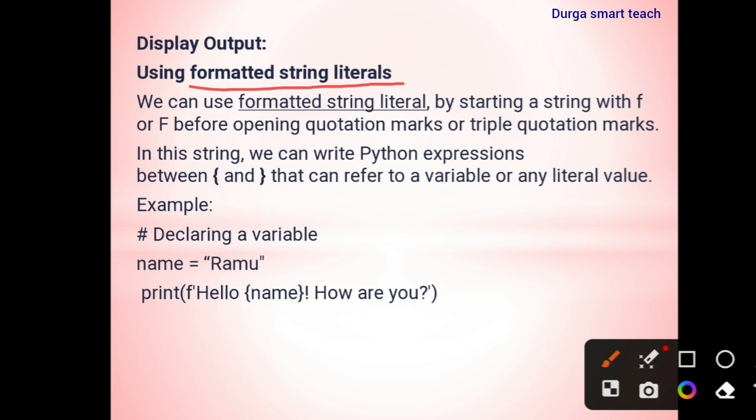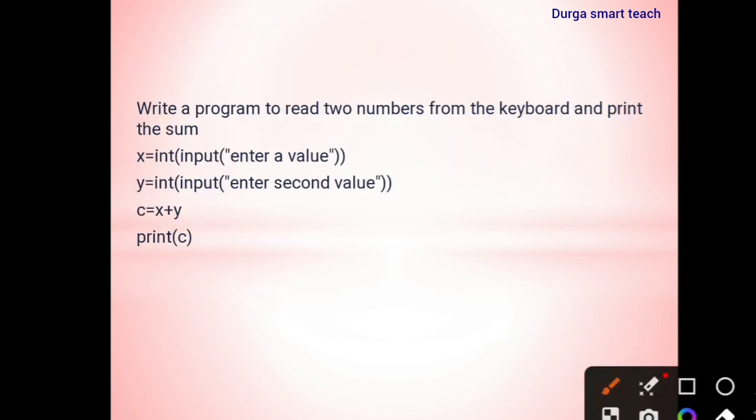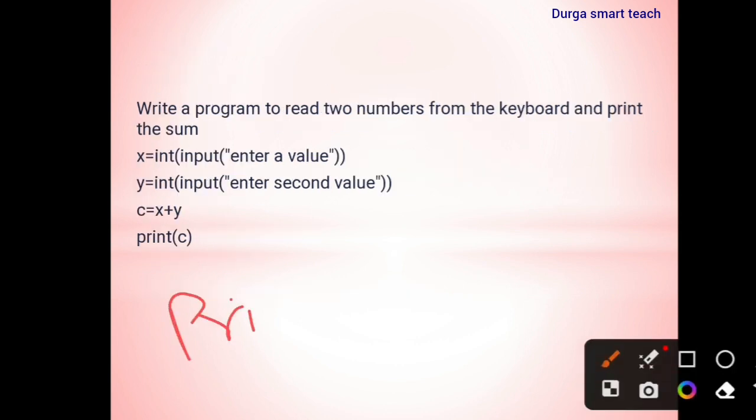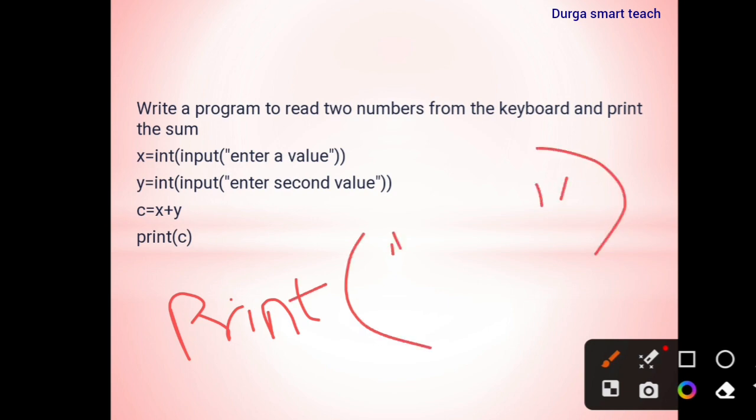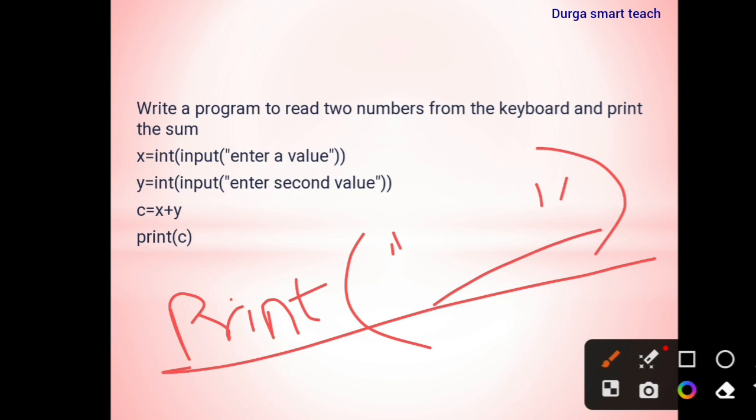The default one is print, and the information in double quotations or single quotations will be displayed as it is. So if you want to display a message or information, you can use print, and in double quotations you can mention the information.